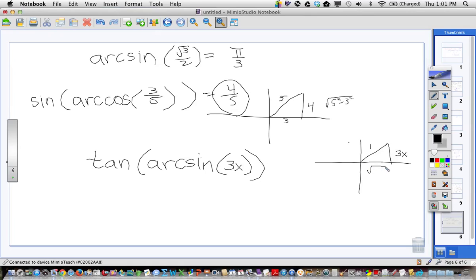Square root of, because it would be 1 squared plus 3x squared, which would be that, right? Equals, oh wait, no, that's not right. Equals would go there. This would be plus. And then whatever we're looking for there, this would be the German shorthand. So what do we need? We need 1 minus 9x squared and then the square root of that.